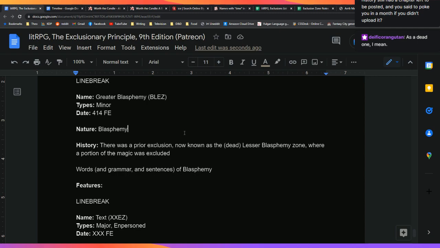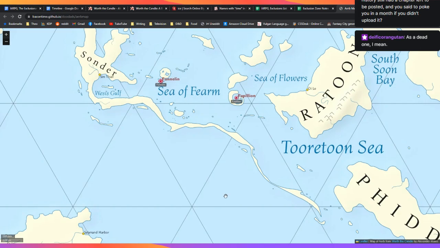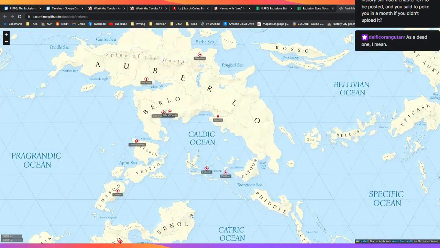Multi-magic exclusion with the other half excluded. So one of the ideas for this is that this is called the Greater Blasphemy zone, which implies a Lesser Blasphemy zone, and that is entirely Bacon Time's invention, I think, because it needed a name on the map.